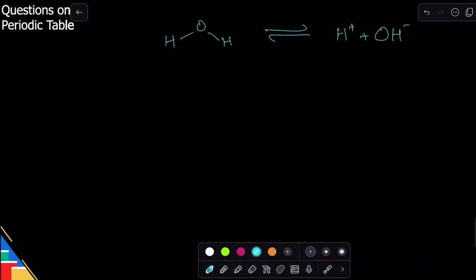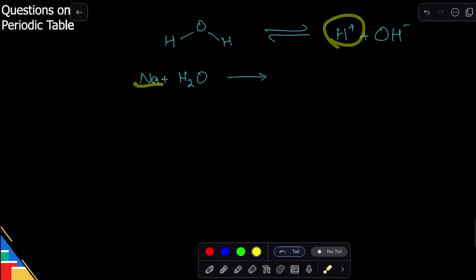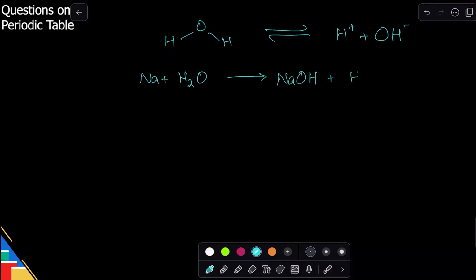Now, group 1 में we have sodium. Sodium, if I add it to water, then sodium can displace the H positive. So sodium उसकी जगह आके sodium hydroxide with hydrogen gas बना देता है. वो hydrogen को बाहर निकाल देता है. Hydrogen is displaced. Same thing happens with potassium.